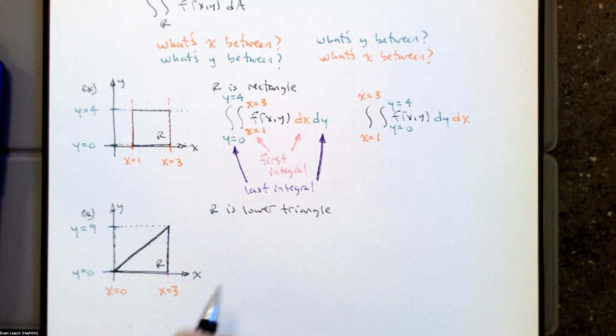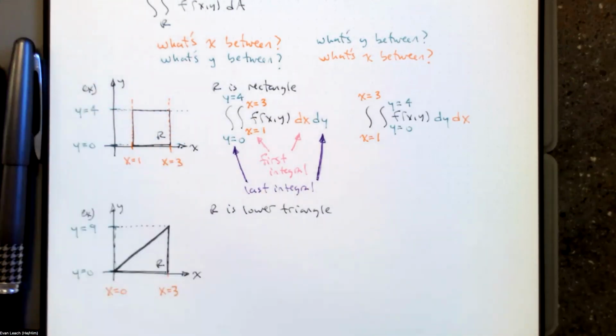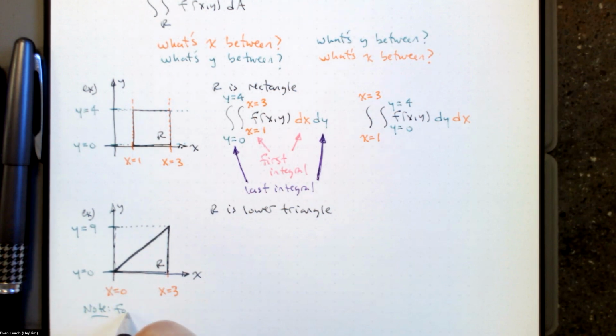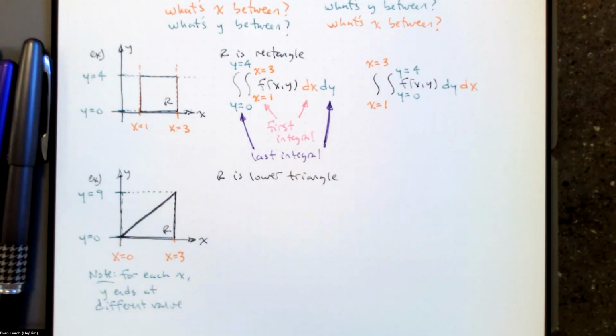So for each value of x, y ends in a different place.